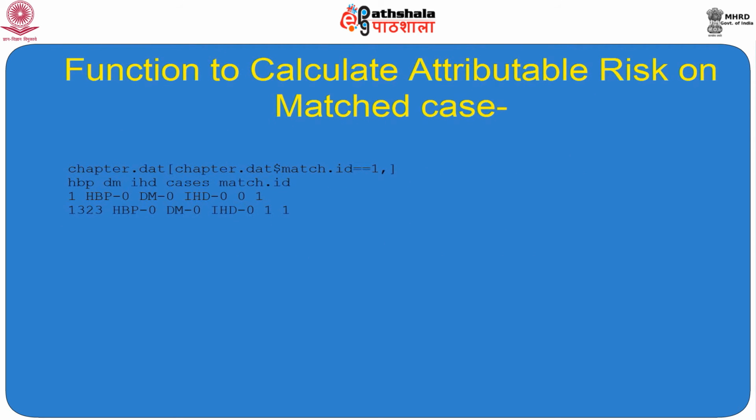Now coming to the function to calculate attributable risks with matched cases. When we put match.id equals to 1, we found that ID 1 was matched with ID 1323. Both had high blood pressure 0, both had diabetes mellitus 0, and both had ISD 0, that is, these three factors were absent in both groups. The only difference between these two IDs was that 1323 belonged to the cases, and ID 1 belonged to the controls, not cases.